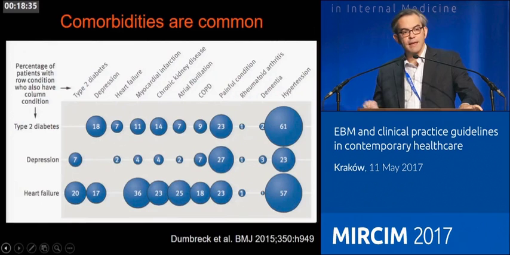This means that our labels, like the chapters in a textbook, or the specialties in internal medicine, or the buildings sometimes set up in our hospitals and clinics for each of the organs or diseases, are no longer as helpful as they used to be to describe those patients.